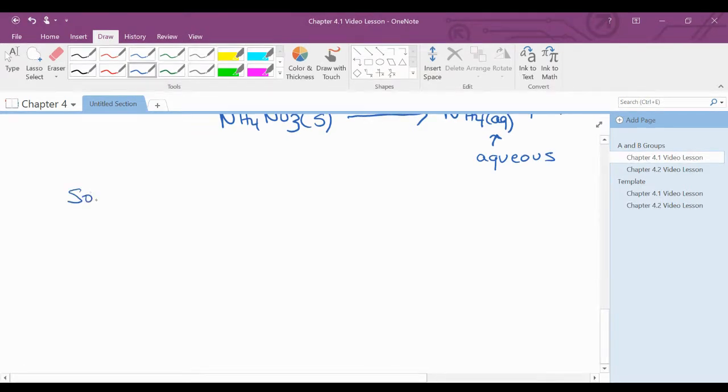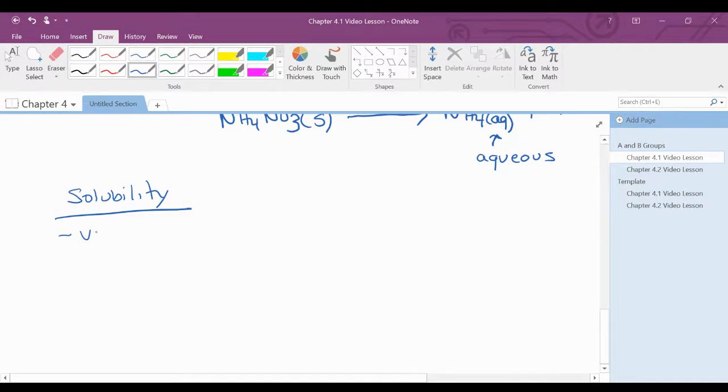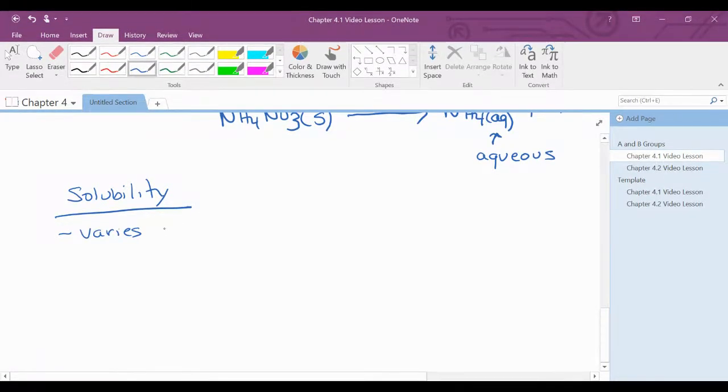Solubility. So solubility varies greatly for ionic substances in water.